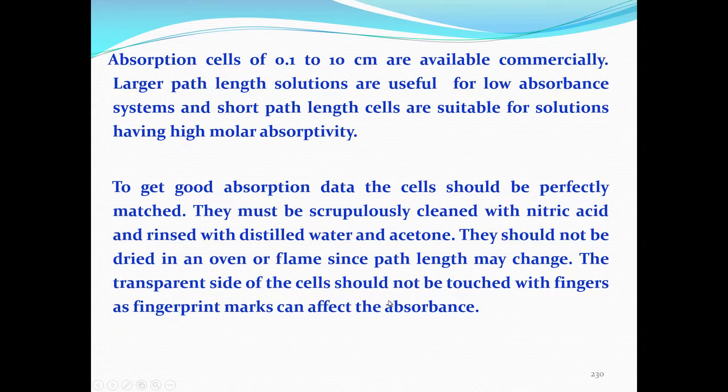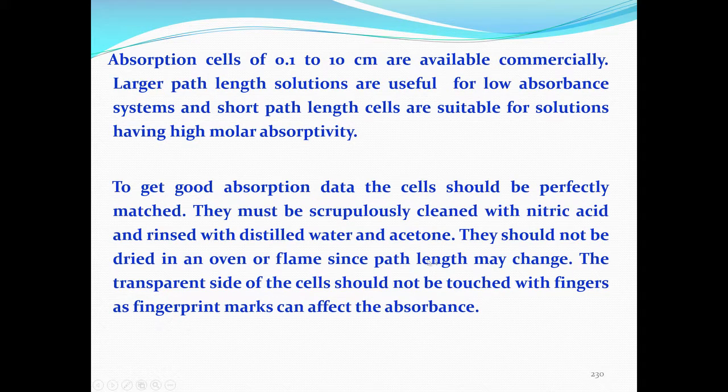Now, absorption cells, this you should know. The normal absorption cell, as I already mentioned, would be about 1 centimeter, but there are cells for both the UV and visible range from 0.1 to 10 centimeters, that is 1 millimeter to 100 millimeters, available commercially.